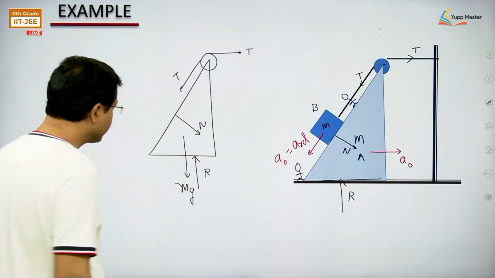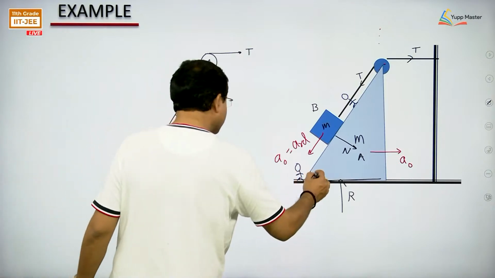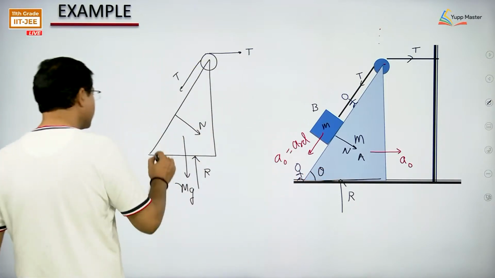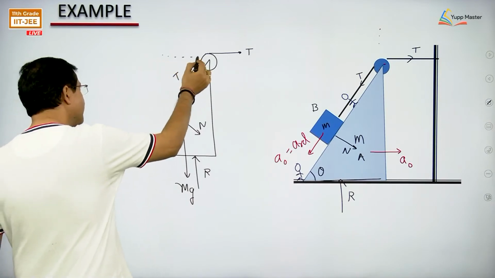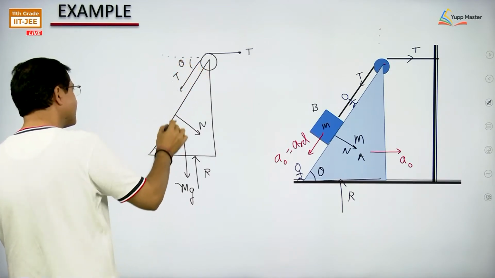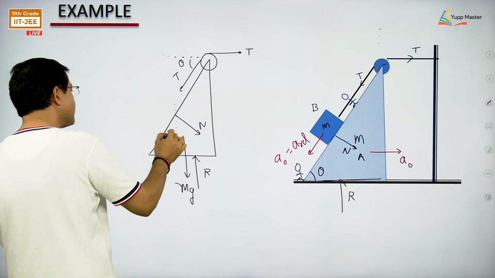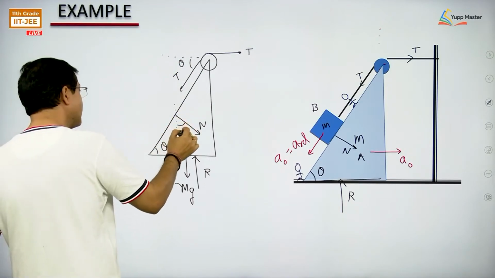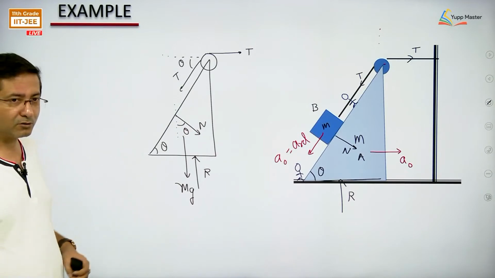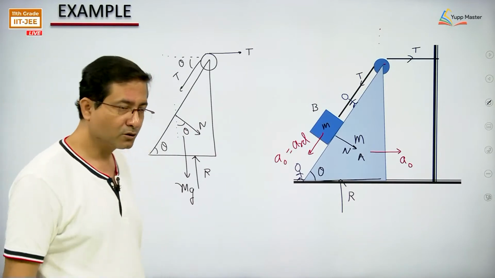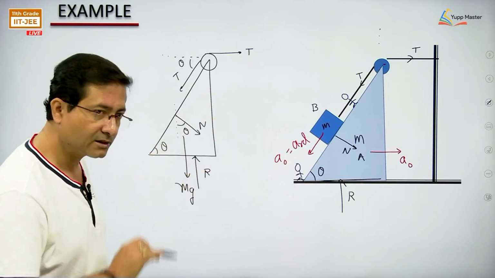So if this angle is say theta, this angle is theta, this angle will be theta with normal, with vertical, this will make theta. So I'll resolve all the forces along the motion and perpendicular to motion. So along x direction, along y direction I need to resolve.